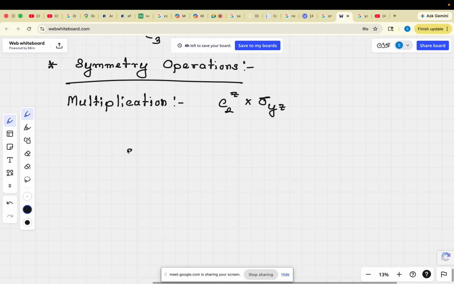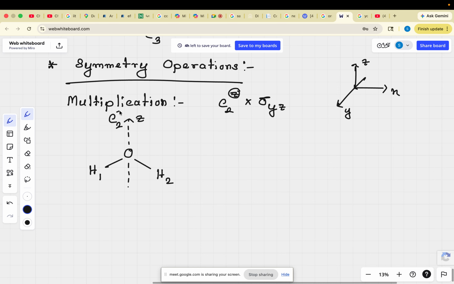See, first of all, if I draw a molecule, suppose water, there is H1, this is your H2. C2z means you are passing the C2 axis through the Z axis. I told you in the beginning class that this is your X axis, this is your Z axis, and this one will be your Y axis. So this is your C2z.